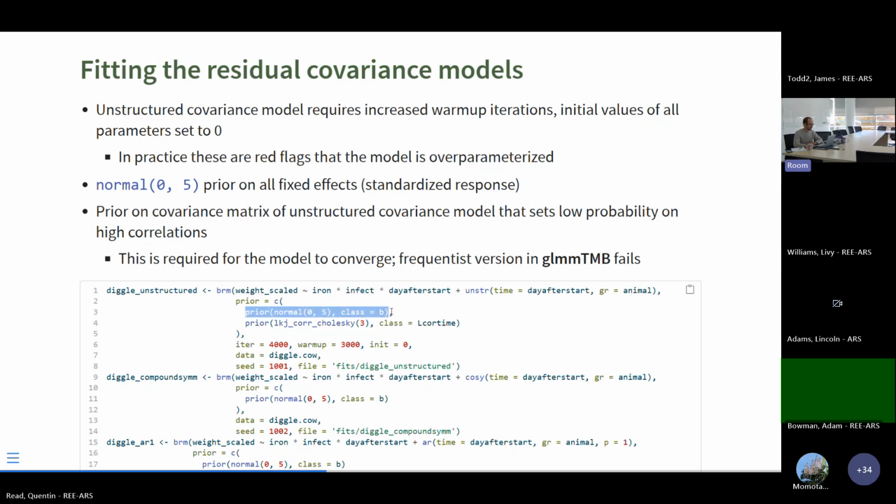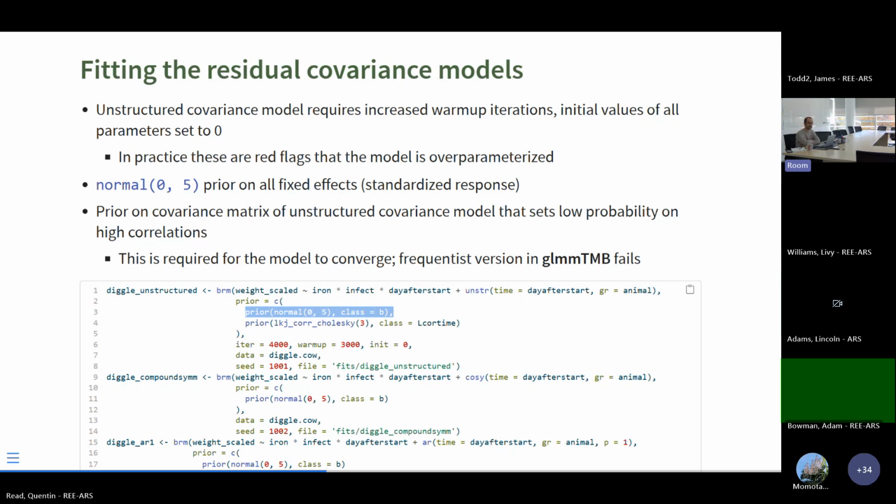But in all the models, I've also put this prior of normal 0, standard deviation of 5 on the fixed effects. And that is an uninformative prior because we have, again, the mean is 0. So we're saying it's 50-50, whether it's a positive or negative effect.